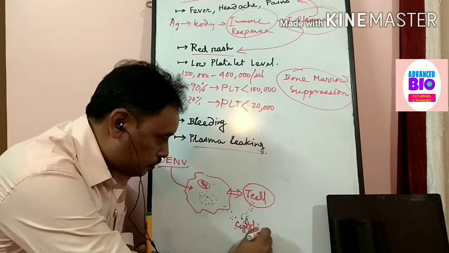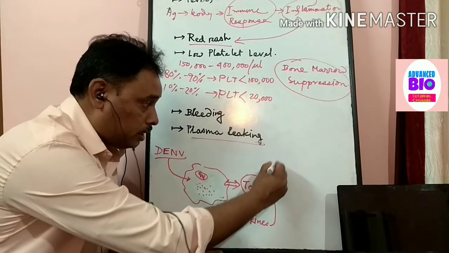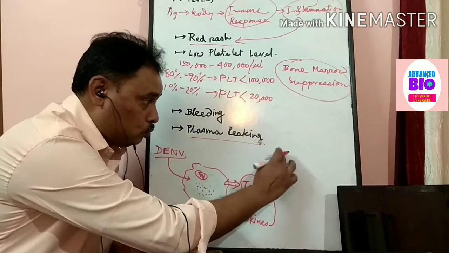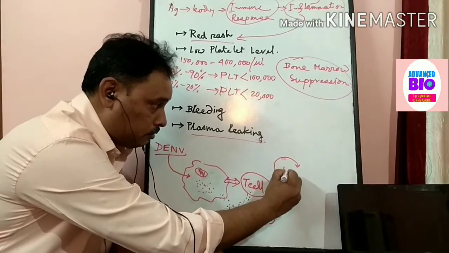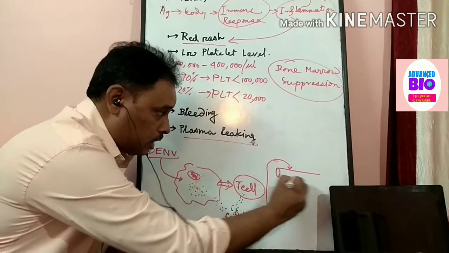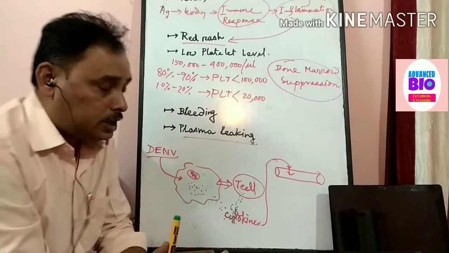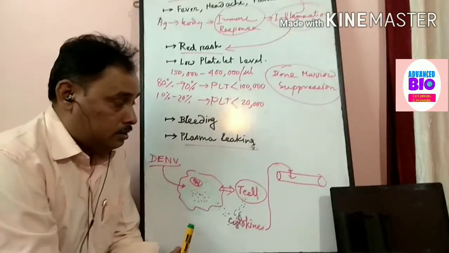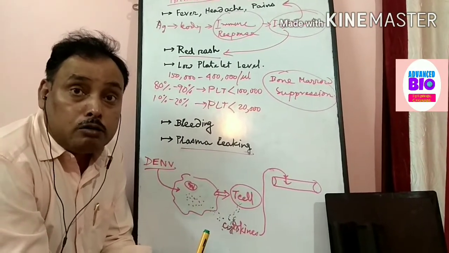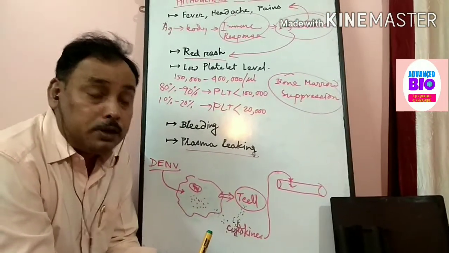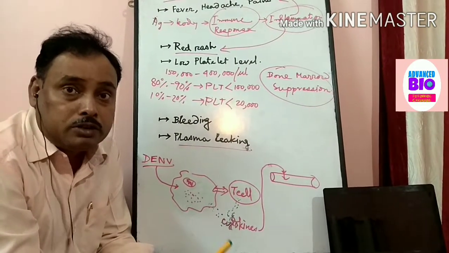And these cytokines will enter into the blood vessel. Suppose this is the blood vessel. These cytokines are responsible for the increase of permeability of this vessel. That means the vascular permeability will be increased.